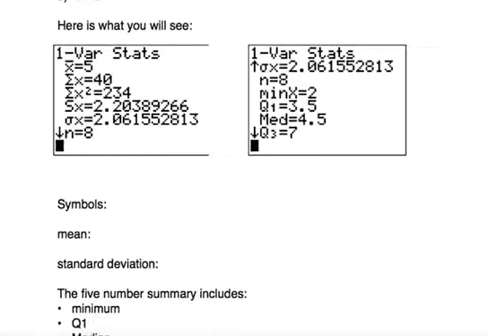So the symbols that you'll see: yesterday we talked about the mean and the standard deviation, and your other important statistical pieces of information, and we talked about the symbols that you could see on the calculator. For mean, you're going to see x-bar.